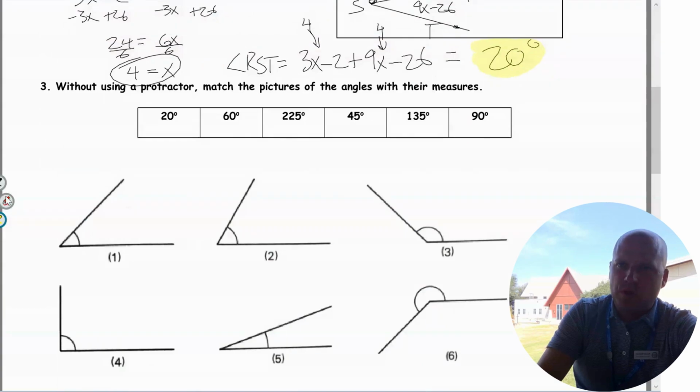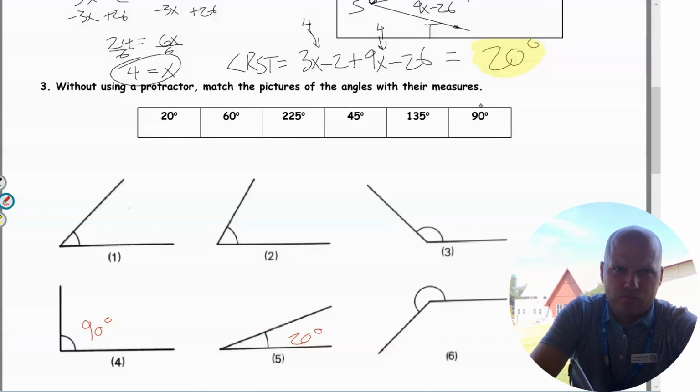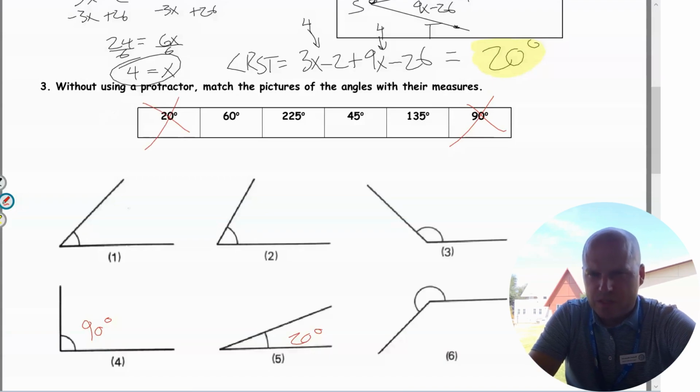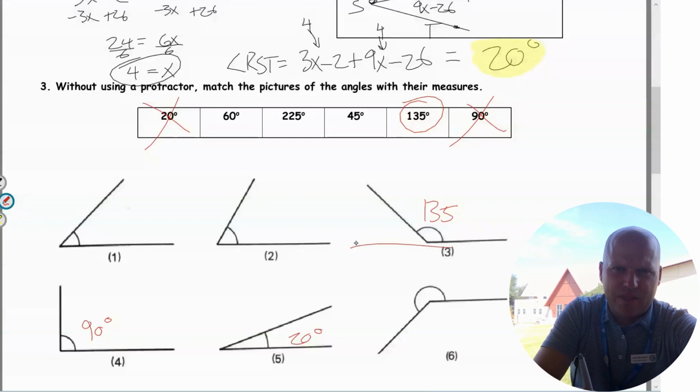We should be comfortable with 90 degrees being right angles. We know that from middle school. Smaller angles, smaller degrees. This looks like the smallest. I don't super love this question. It's interesting, but not necessarily. Obtuse, greater than 90 but less than 180, is what we said obtuse is. And 180 is a straight line.